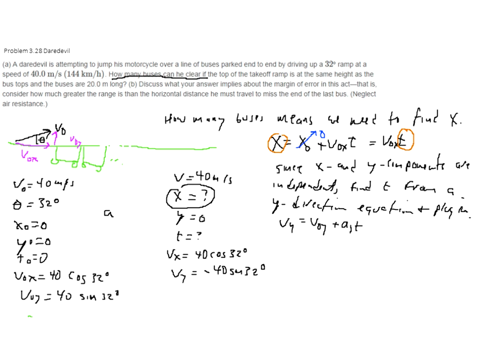Oh, and of course, we already have talked about Ax equals 0. Ay equals negative g.